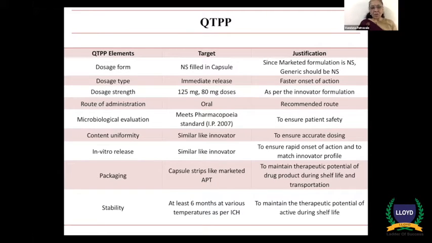In finished product QC, I hardly see students writing it, because we get MPharm students from all over India. Most of them do not write microbial load. So that is absolutely incorrect. It has to meet pharmacopoeial standards, content uniformity, in vitro release, etc. Everything as far as possible has to be the same as the innovator.